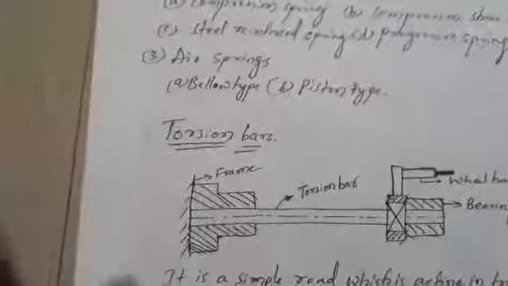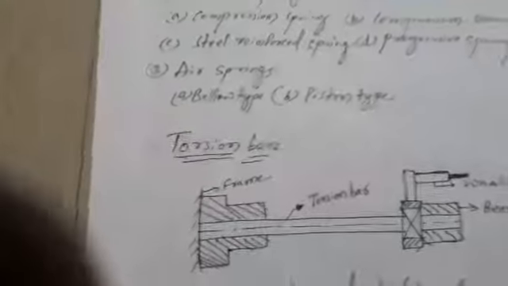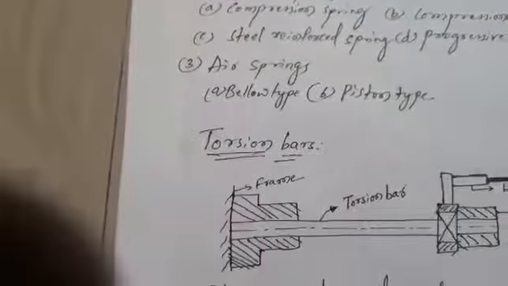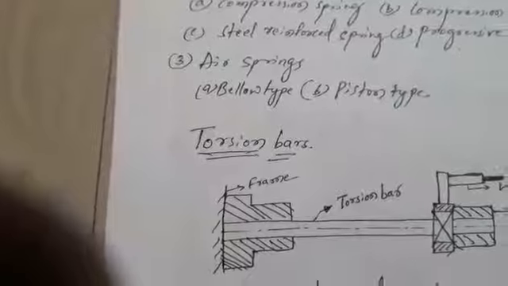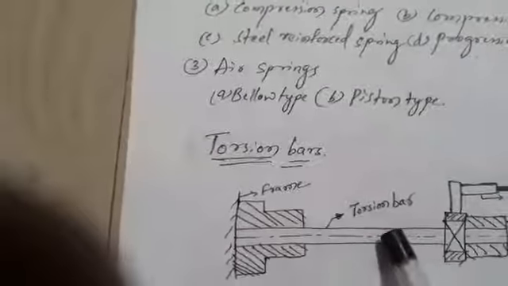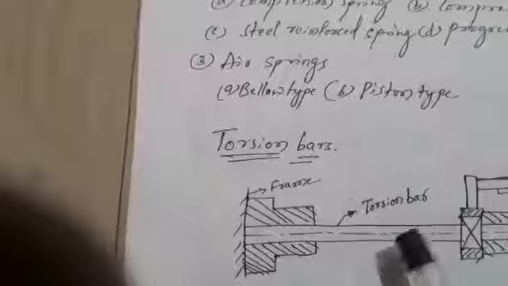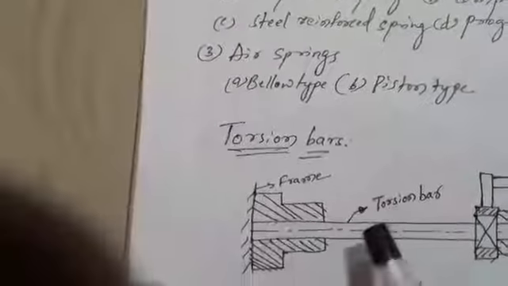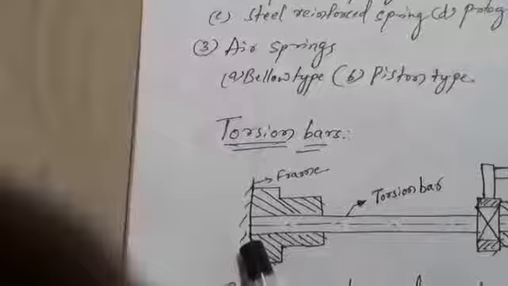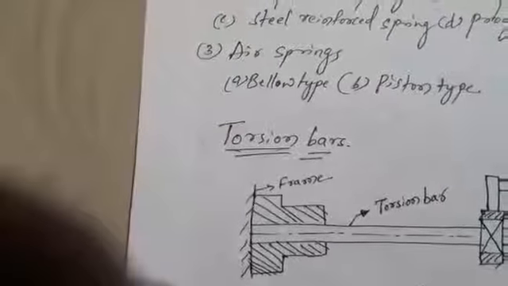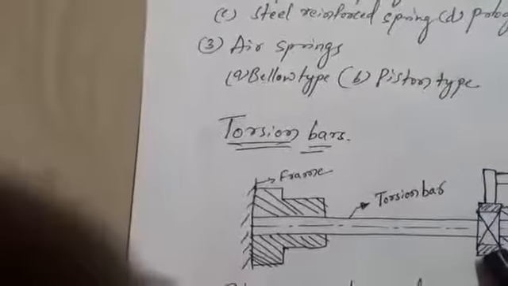In the torsion bar, I will explain how the torsion bar works. So this is the torsion bar. One end of the torsion bar is fixed to the frame, and the other end of the torsion bar is fixed to the wheel arm.